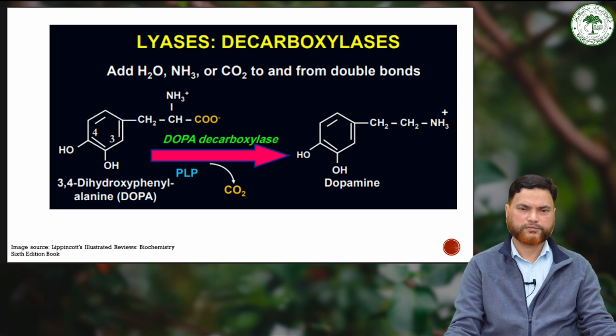For example, lyases, as I mentioned, break very specific bonds through the process of elimination, resulting in the formation of a double bond or the development of a new ring. Here you see the enzyme dopa decarboxylase, which converts dopa into dopamine.